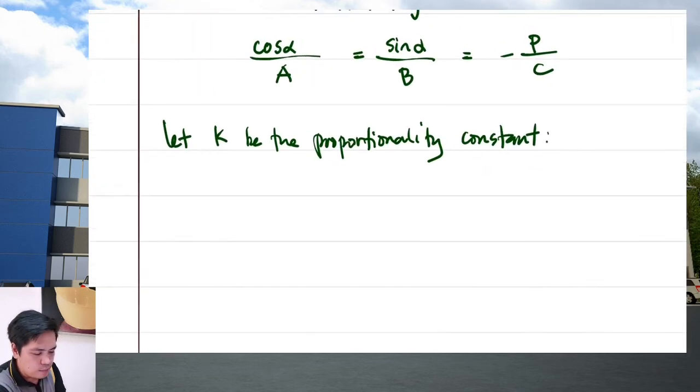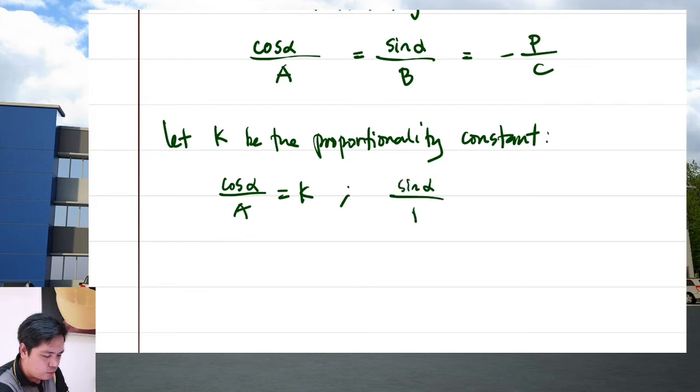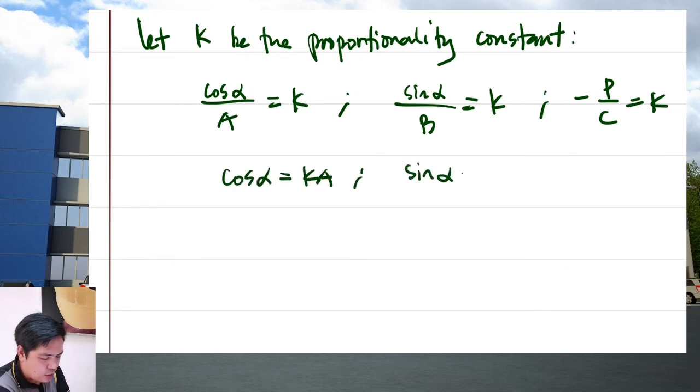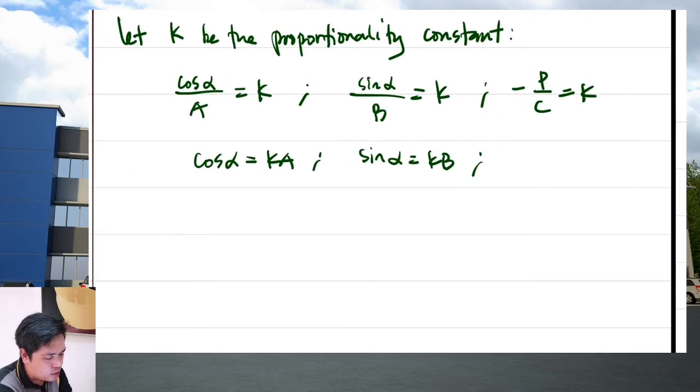So that means if we let cosine alpha over A equal to K, it also means that sine alpha over B is also K, and negative p over C is also K. So from here, that means cosine alpha equals Ka, and sine alpha is Kb, and negative p, or pwede din naman p is equal to negative CK.